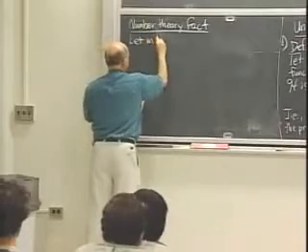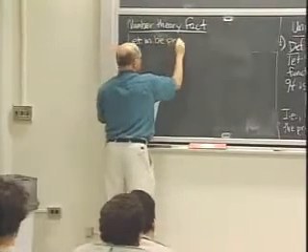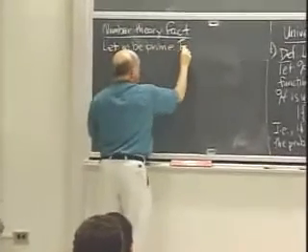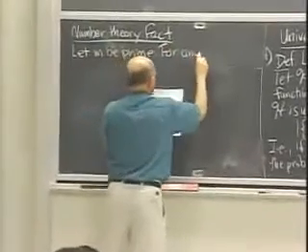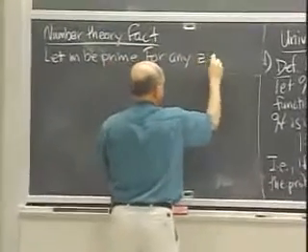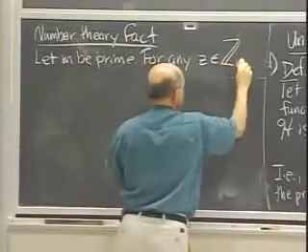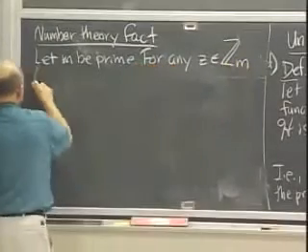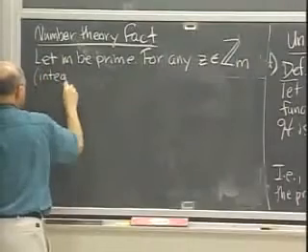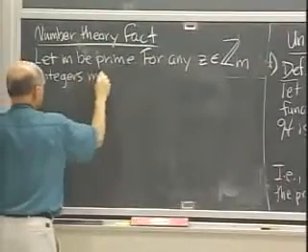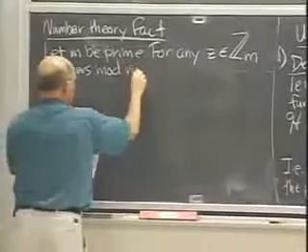Let m be prime. Then for any z, little z, an element of Z sub m, where Z sub m is the integers mod m.